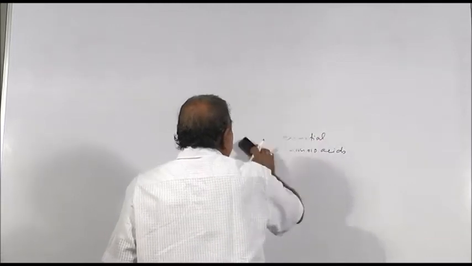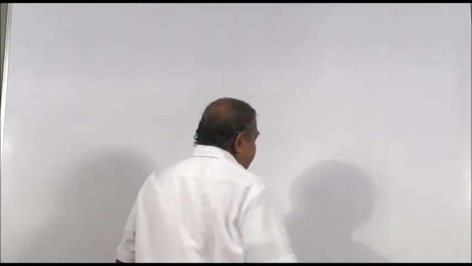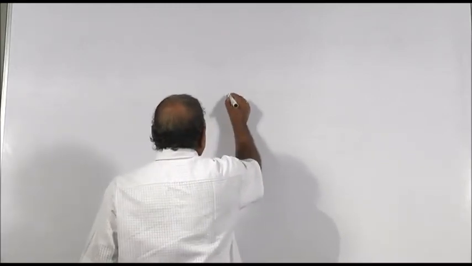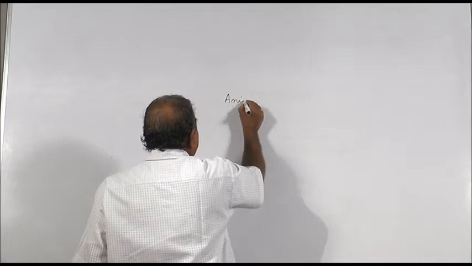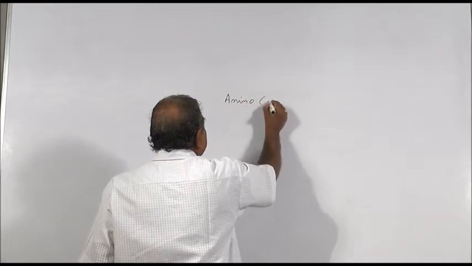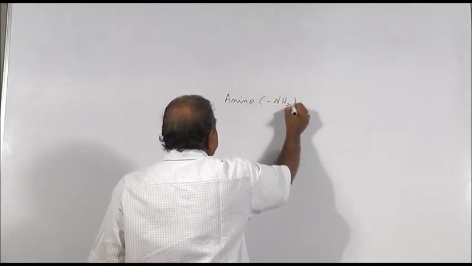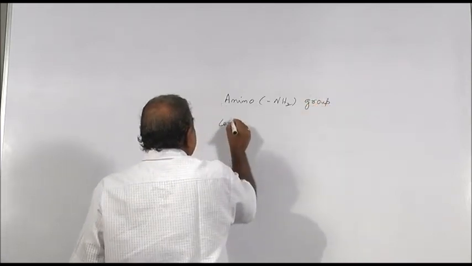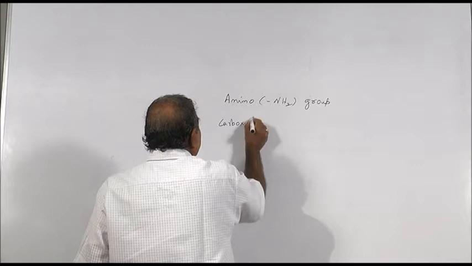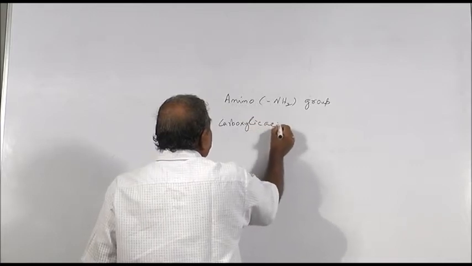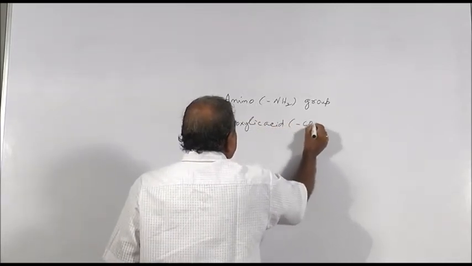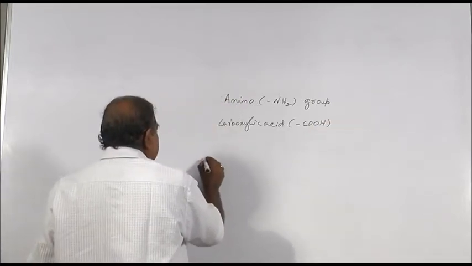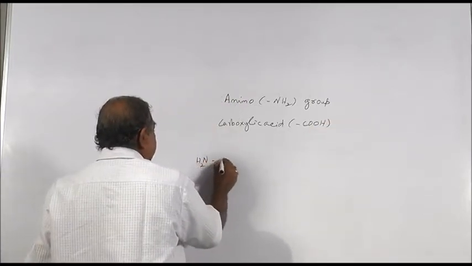Now, so far as the name amino acid is concerned, it consists of two functional groups. One is amino, that is the NH2 group. Another is the acid group, that is carboxylic acid, COOH. A few examples I am giving under this head.